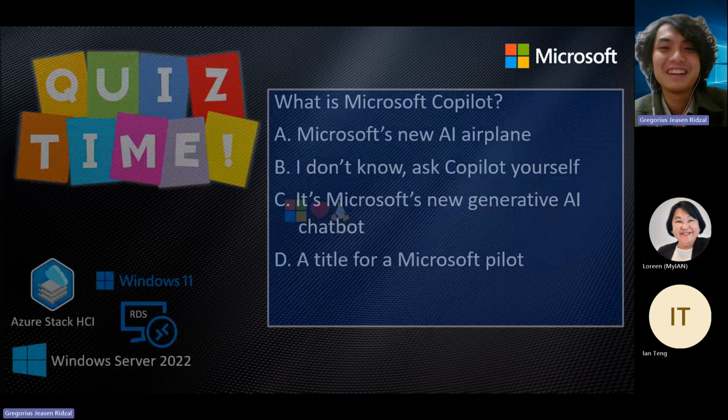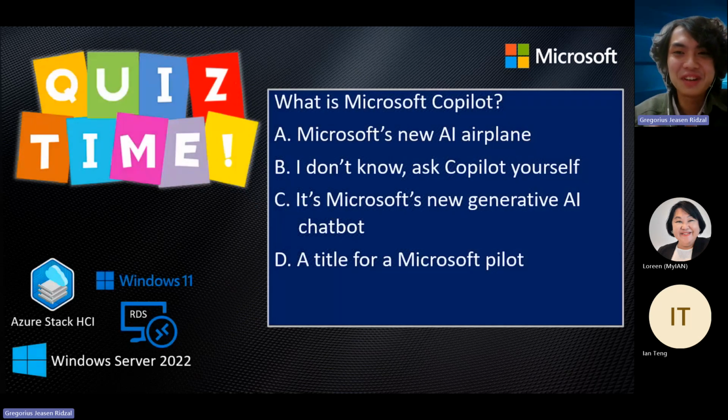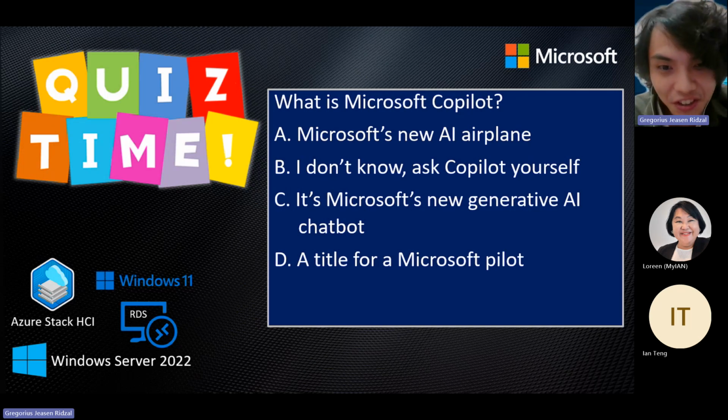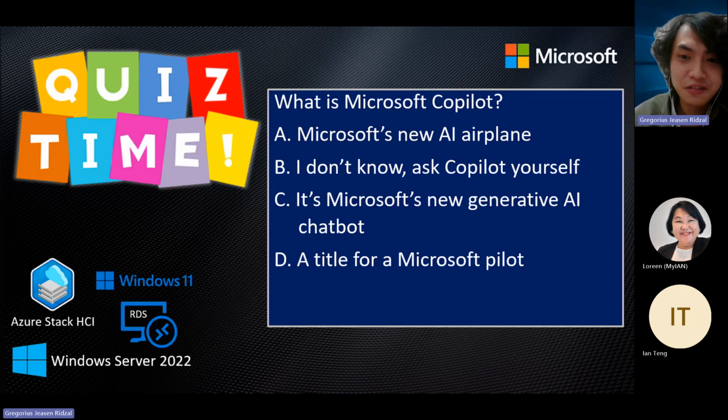Okay, our first question is, what is Microsoft Copilot? What do you think it is, Ian? Is it Microsoft's new AI airplane? Or you can ask Copilot what Microsoft Copilot is. Or maybe it's Microsoft's new generative AI chatbot. Or is it a title for a Microsoft certified pilot?